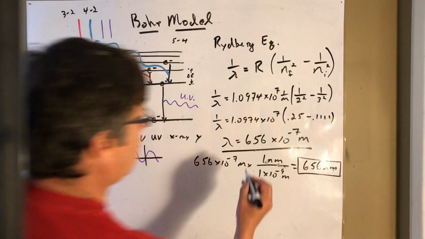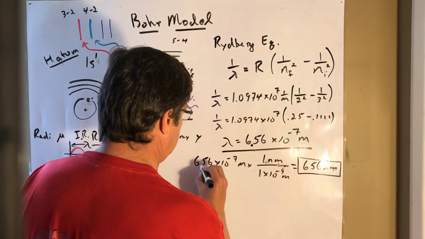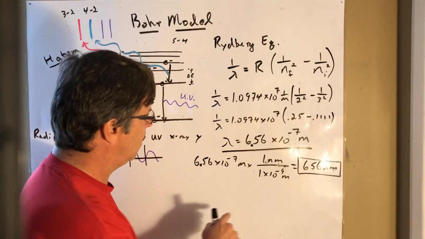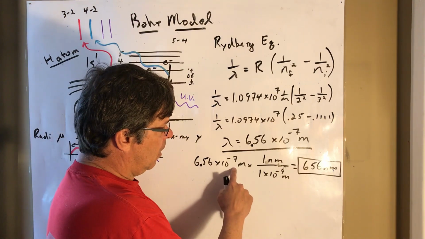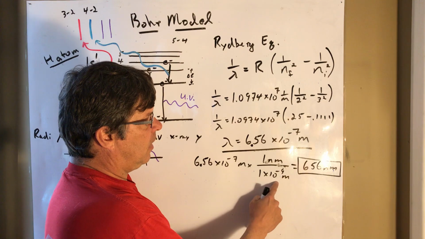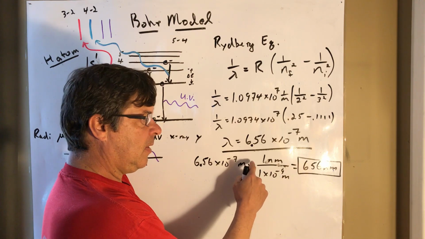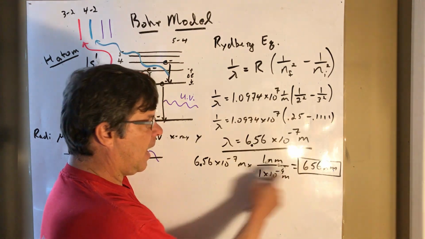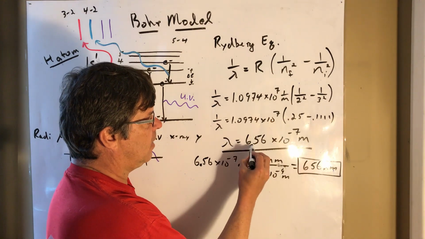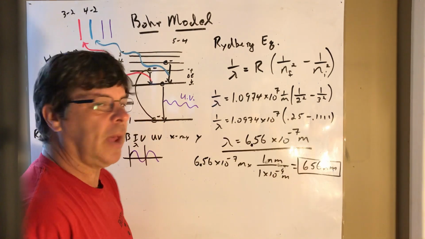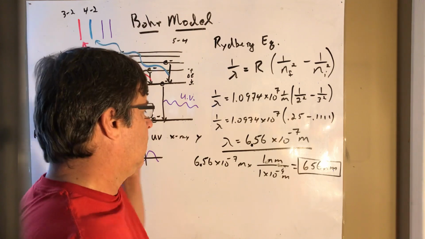Yeah, I knew something was wrong here. Sorry about that. I'm glad I checked that. 10 to the negative 7th divided by 10 to the negative 9th is 10 to the second, so it's 100 times that. Sorry about that, that's the answer there. I did that work over on my desk and forgot what it was.